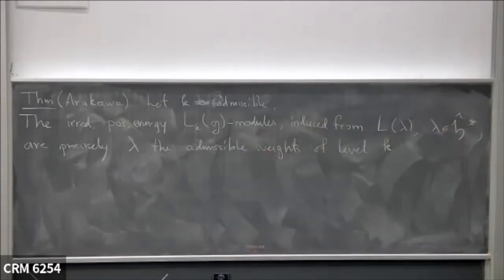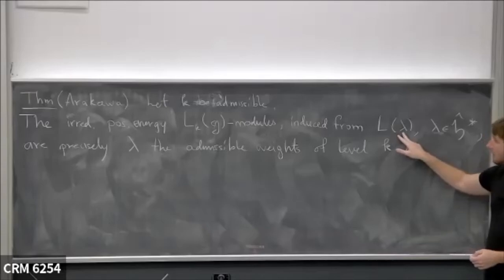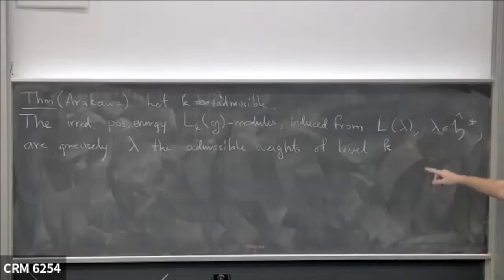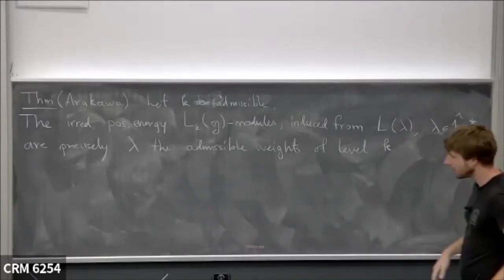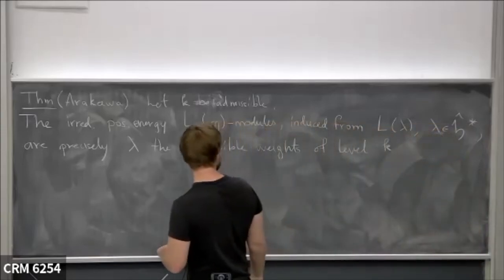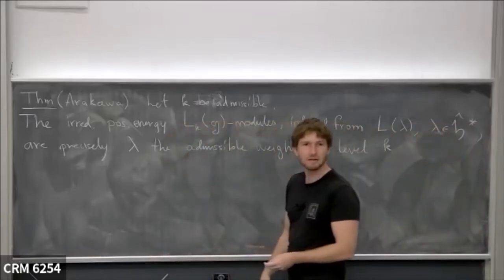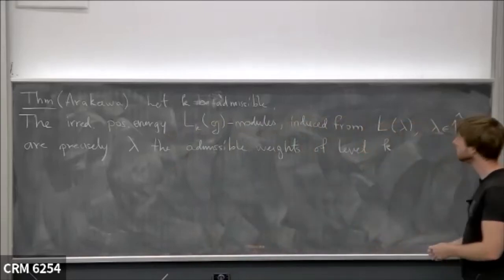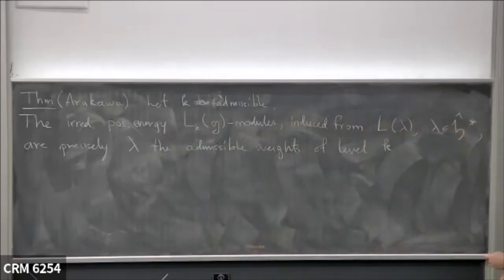So L lambda is a Verma module. Sorry? What is L lambda? Lambda. So let's see, the irreducible positive energy modules induced from the. Right. L lambda is a module for the finite Lie algebra. Okay, so lambda is in h star and not h hat star. You have to project onto the finite Cartan, right?